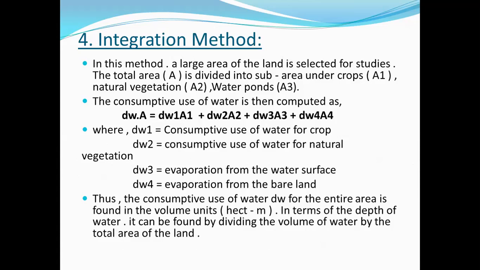With this equation, we can easily find the consumptive use, and this method is known as the integration method.